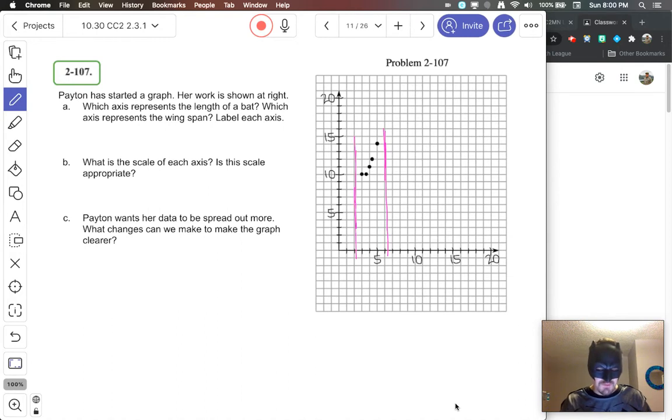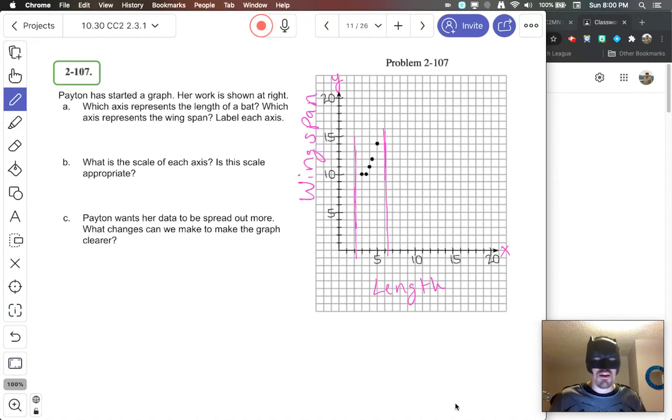And so if we label here along the x-axis, which is our horizontal, this is going to be length. Go ahead and do that on your graph that you've drawn, which means that the y-axis, which is our vertical axis, is the wingspan. Length of the wing.